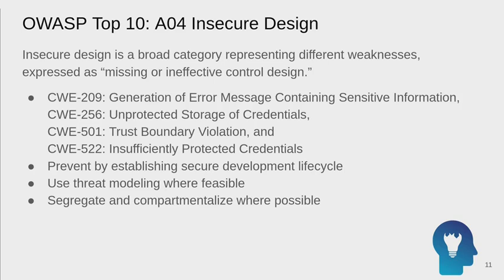You can prevent this by bringing the validation or security discussion into the design process of the web application from the beginning on, and then carry it through throughout the whole design of the web application. Use threat modeling where feasible, and segregate and compartmentalize where possible, focusing on the principle of least privileges.